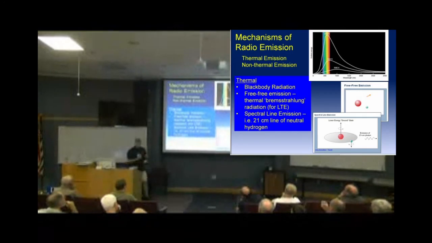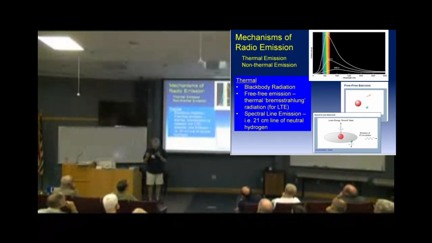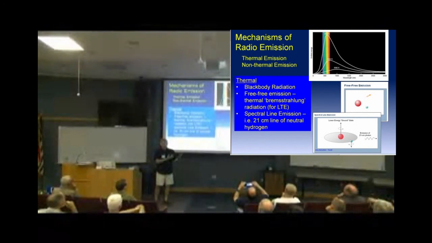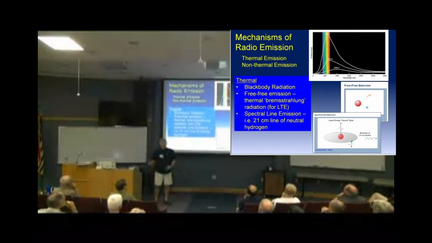So very quickly, how do we generate radio waves? Well, you can do it two ways: thermally, non-thermally. What is thermal radiation? Black body radiation. Everything that's got a temperature above absolute zero is emitting thermally. Well, can you emit radio waves at Jupiter using thermal energy?